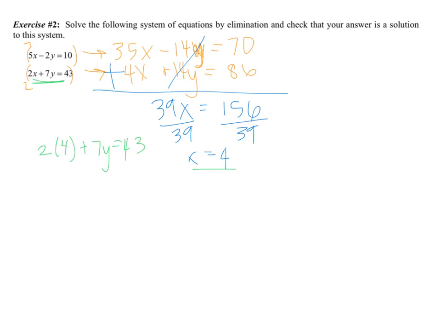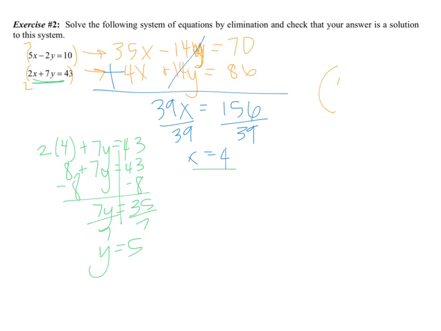You really could use the top equation too. I just chose the bottom equation just because. So 8 plus 7y equals 43. Subtract 8 from each side. 7y equals 35. Divide by 7, and y equals 5. So our coordinate point, x is 4, y is 5.